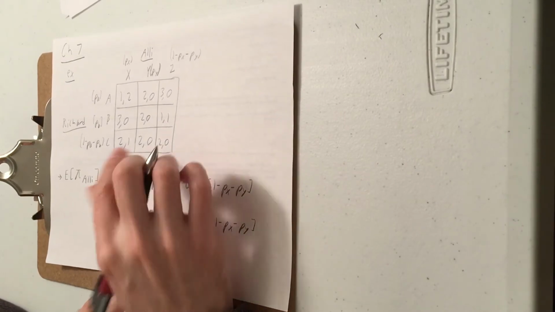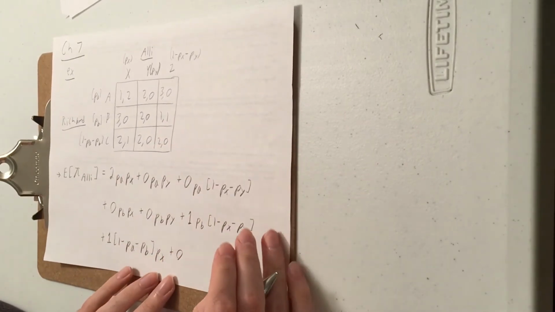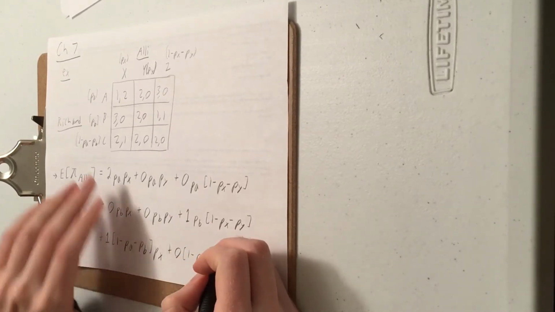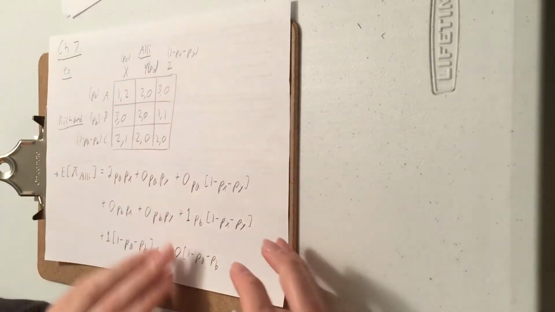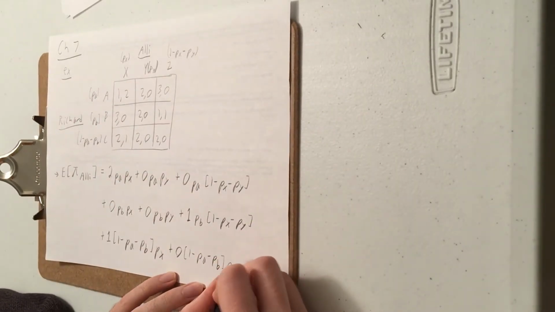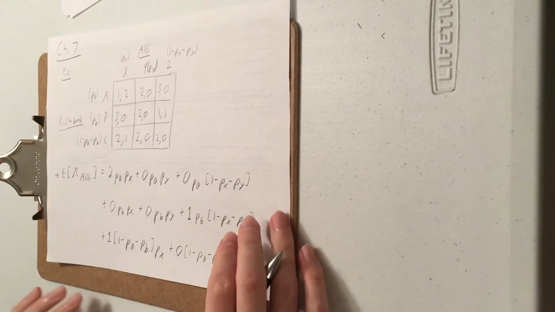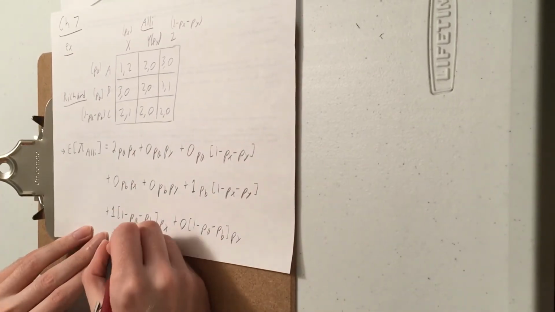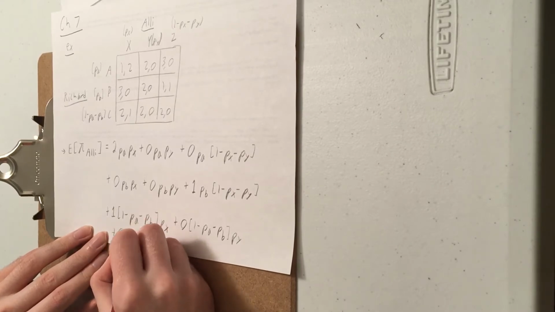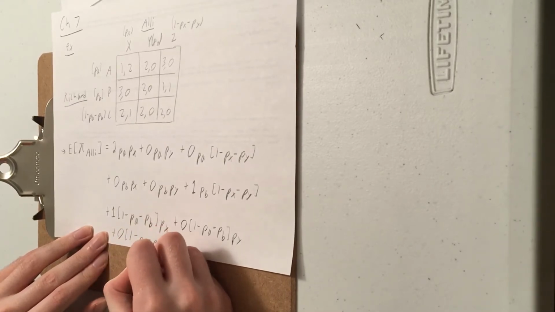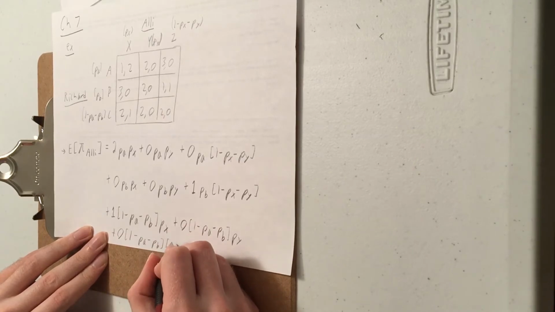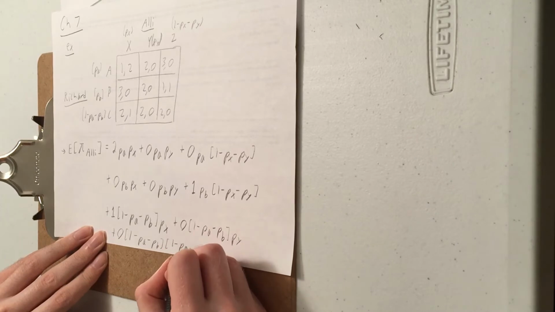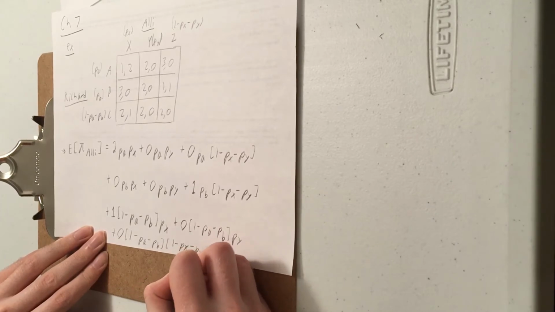We could be here, Allie gets nothing, and the probability is 1 minus PA minus PB for Richard playing C, and probability PY of Allie playing Y. And lastly, we have this over here, this last 0 from Richard playing C, probability 1 minus PA minus PB, and at the same time, Allie playing Z, that's 1 minus PX minus PY.